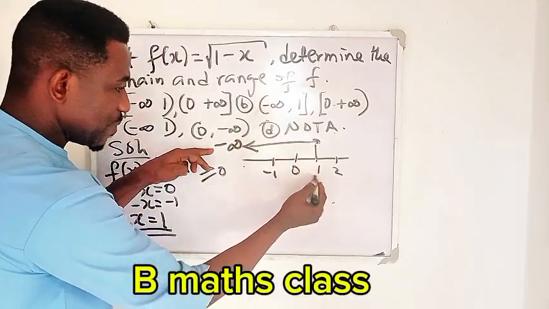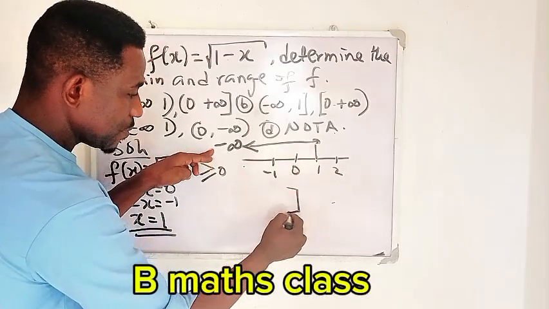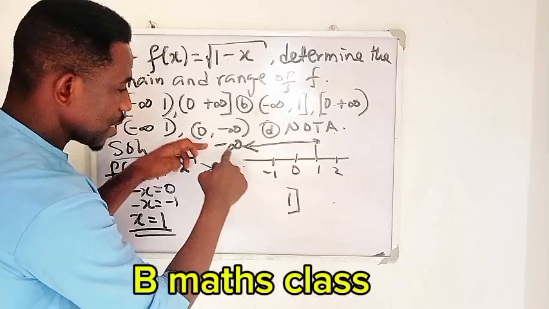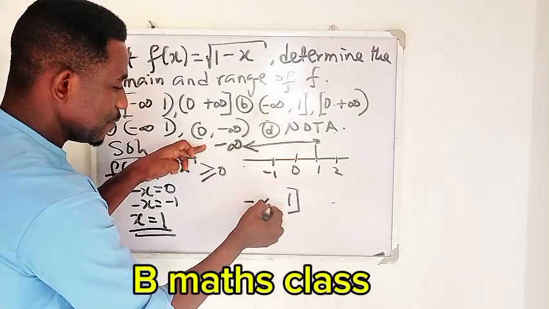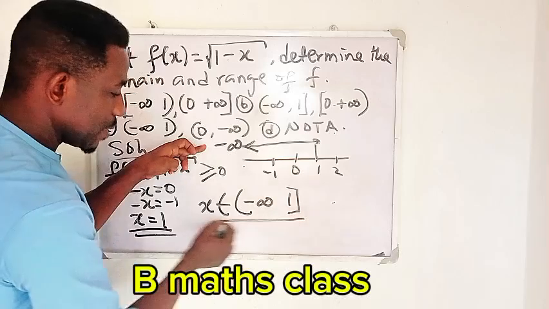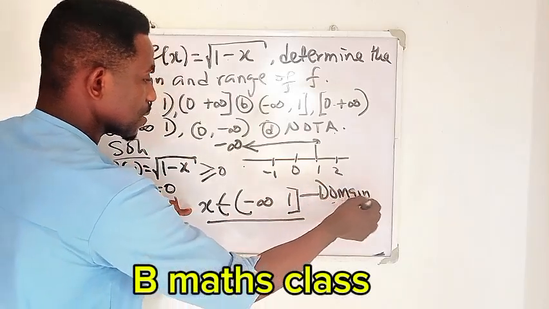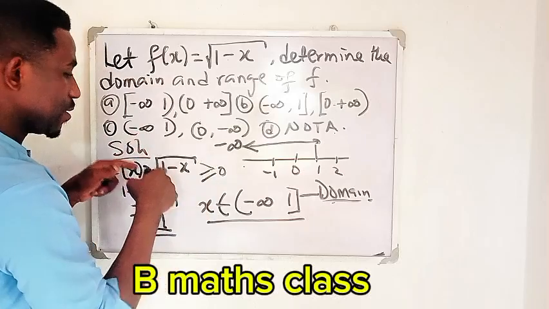So what does it mean? It means that we close at 1 and go to negative infinity. This is the domain of this function.